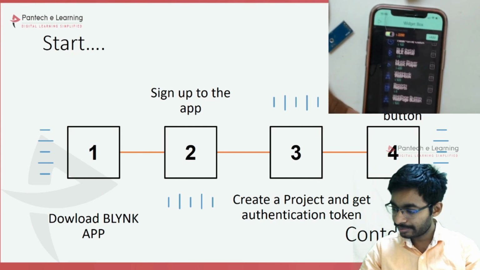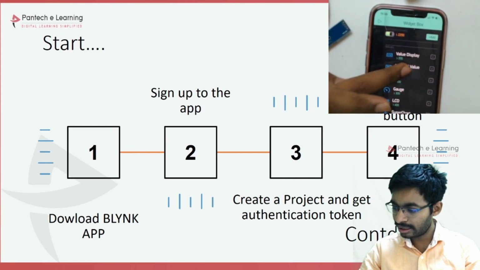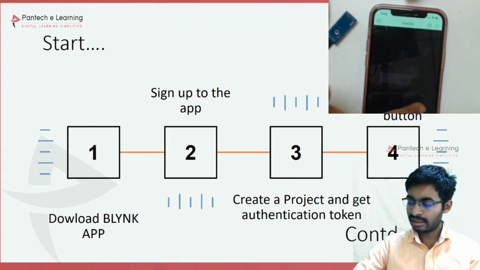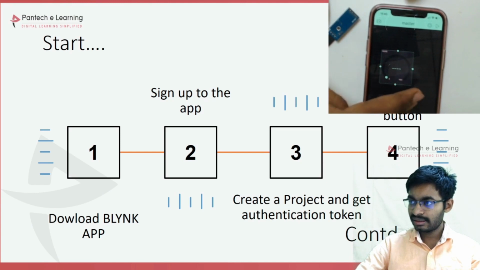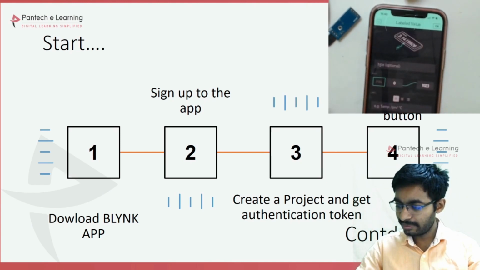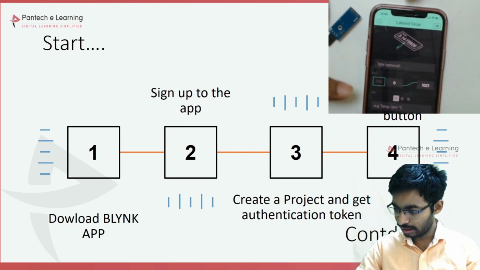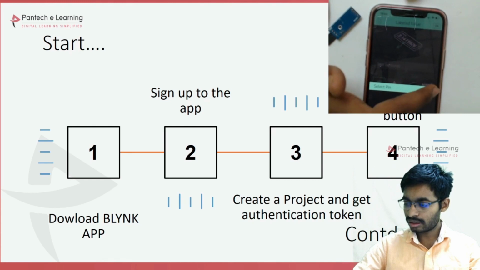These are all the available widgets, and among them for visualization I am going to take a labeled value and the other one is the gauge. Now I have placed it. If I want, I can increase the size. Inside the label value I have to select the pin. Through a virtual pin I am going to receive the data, and here I select V0. Click on OK.